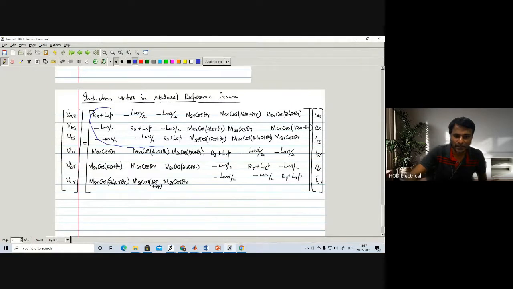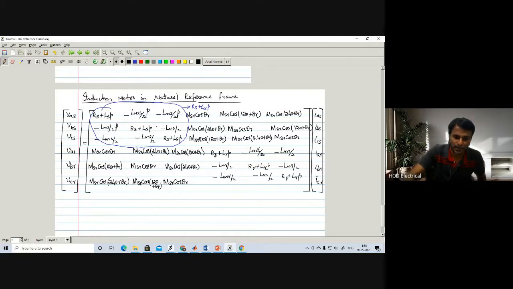This matrix entirely, this component is the stator variable. We will call it RS matrix plus LS into P. Another case, in the equation we have this P also. All the components have P values.